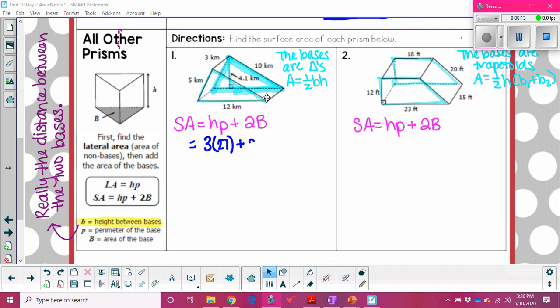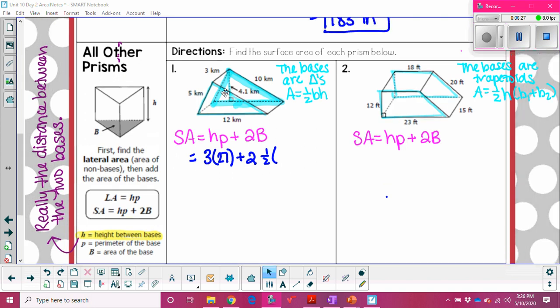And the area of the base, to find that, is 1/2 base times height. So this is going to be 1/2 times the height of this triangle, which is 4.1, and the base is 12.